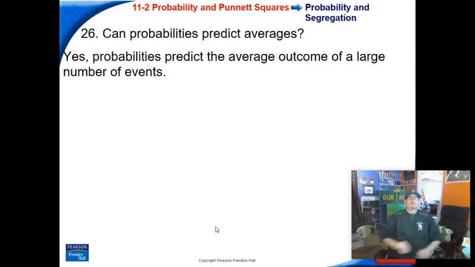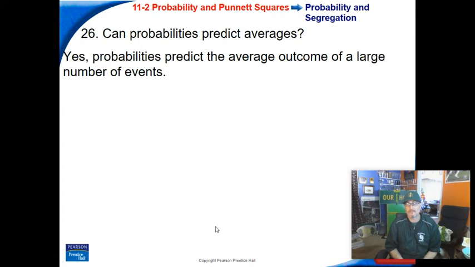Can probabilities predict averages? Absolutely. They predict the average outcome of a large number of events. And the reason why a large number of events is important, as you may remember from the Bill Nye video or my video of the probability lab, is that you can flip a coin 10 times and expect to get 5 heads and 5 tails.